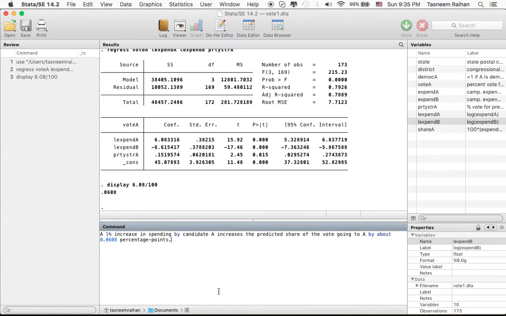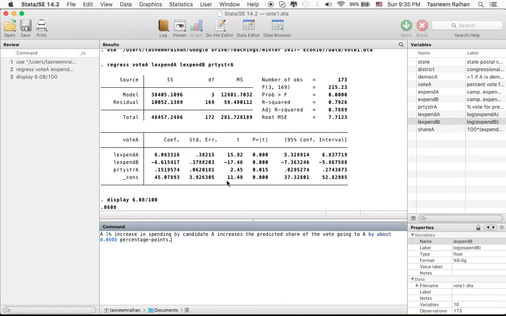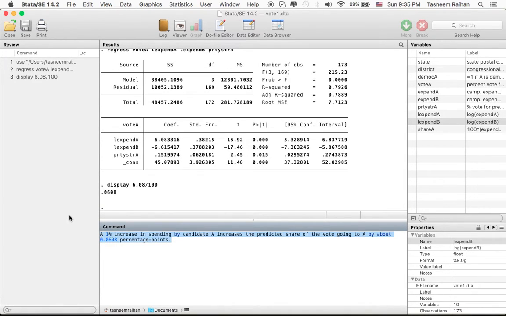Okay, that's how you interpret this number. Okay, cool. Now let's go and do the hypothesis testing.